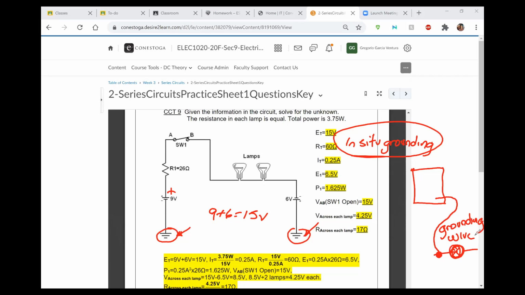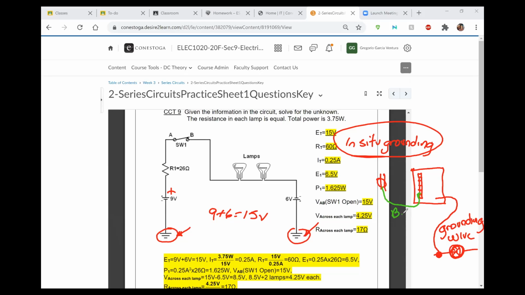Now anything else which is going to be connected to the grounding bar is actually not grounding, it's just bonding. So any other receptacle or switches which is connected through the green wire to here is just bonding.